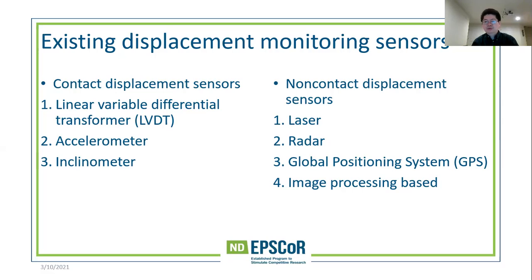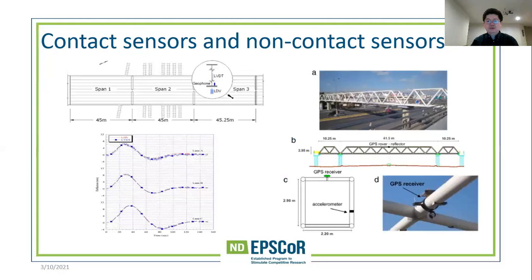Those include, for example, laser, radar, and GPS, and also the old traditional vision sensors. As we just discussed, those sensors are first not very convenient, as they need to be deployed on the surface, even for some non-kinetic sensors, and the accuracy of those sensors is pretty low.